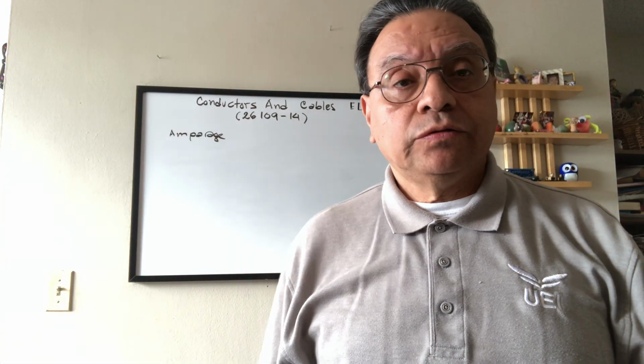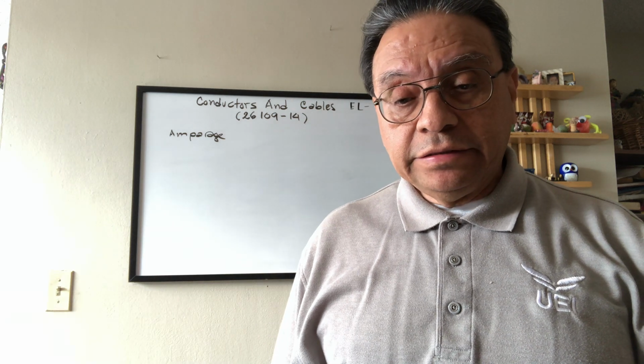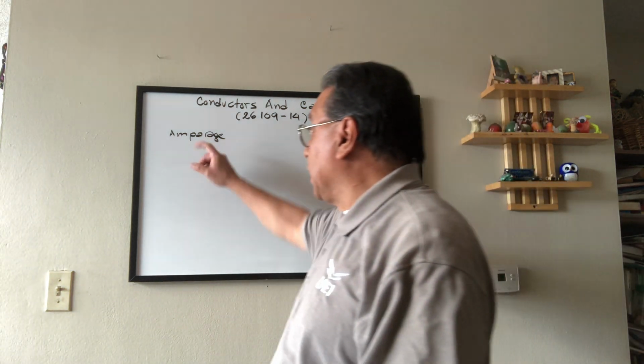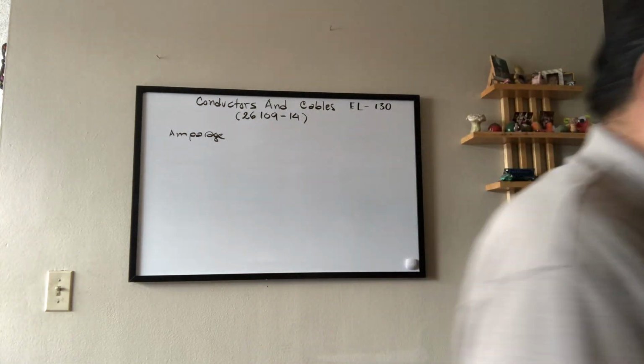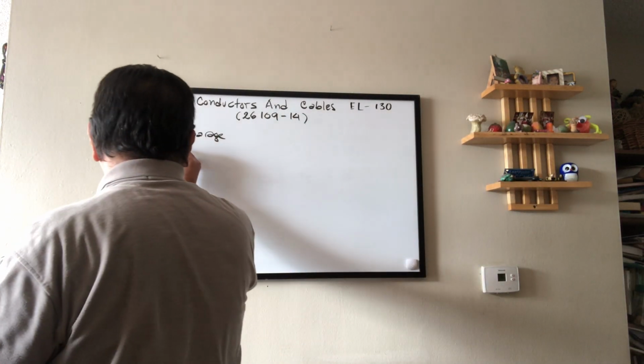The electrical conductors used in any electrical installation are selected based on, first of all, the amperage, the ampacity. Then the other parameter that we need to take into consideration is the temperature.